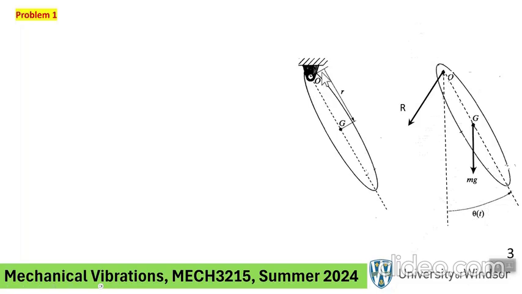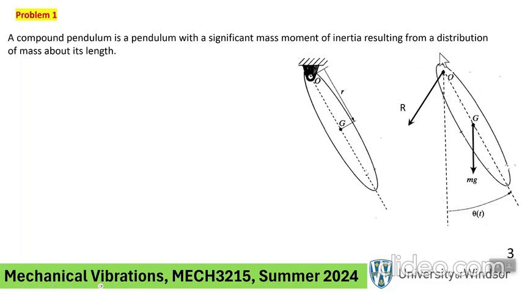And then let's say that the mass center is at some location which is denoted by G, the distance r from the pivot point. The next step is to draw the free body diagram. So the only forces that are acting are the gravitational force and the unknown reaction force at the pivot point.